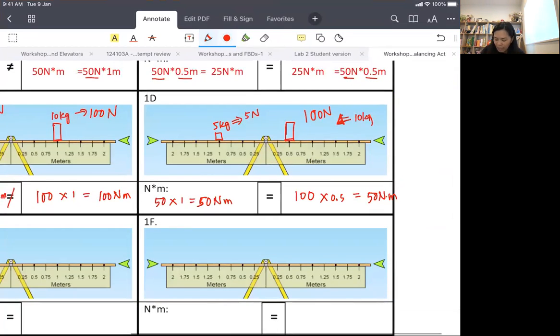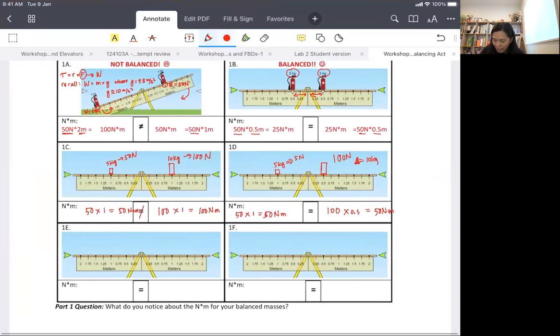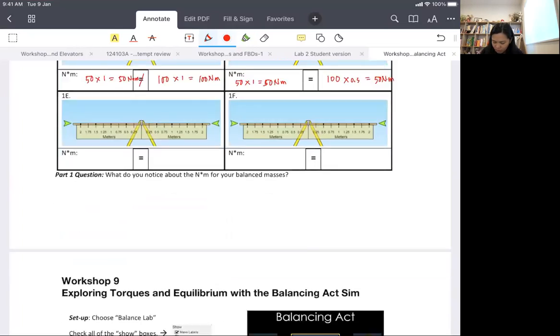If you fill out the table, balanced masses is the one on the right, you notice that the Newtons times meter should be the same, meaning the torques on the left side of the beam should be equal to the torques on the right side of the beam for the beam to be balanced. Okay, so that's the answer for that question.